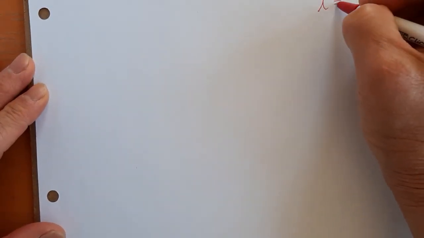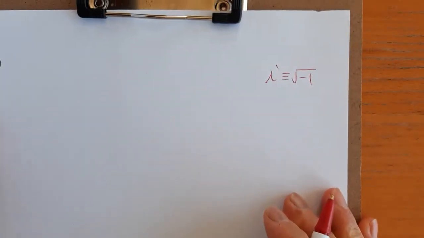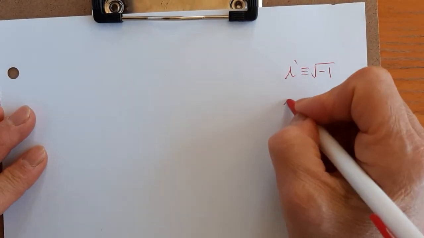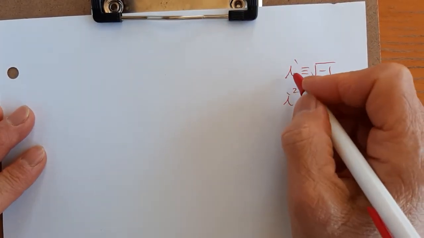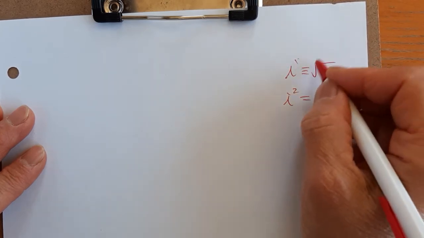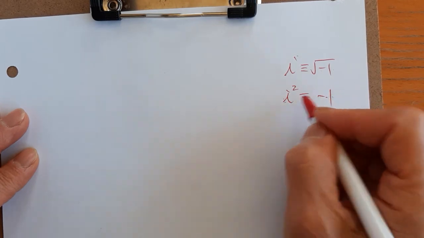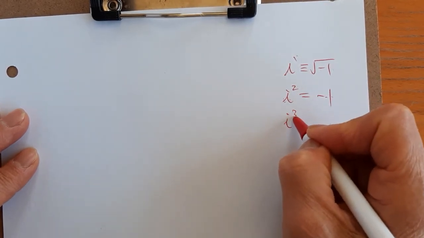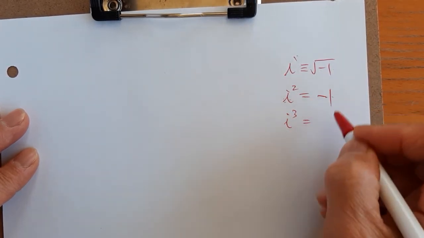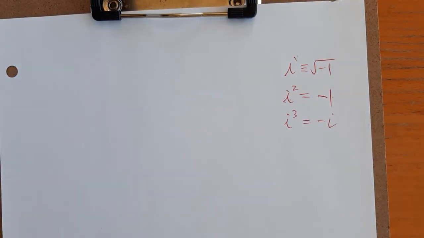So let's summarize those. The first one is i defined equal square root of negative 1. And i squared equal, both sides squared, i squared, negative 1, the square root cancels, get negative 1. And both sides times i. This times one more i becomes i cubed. And this, negative 1 times i is negative i.